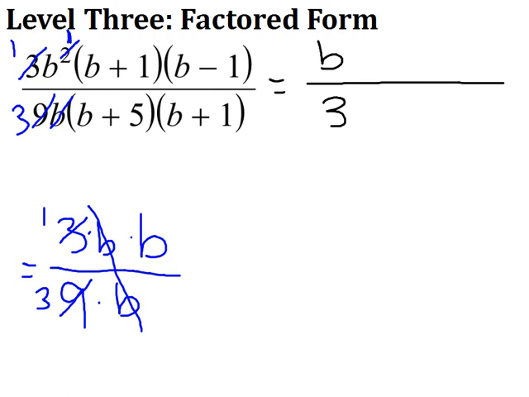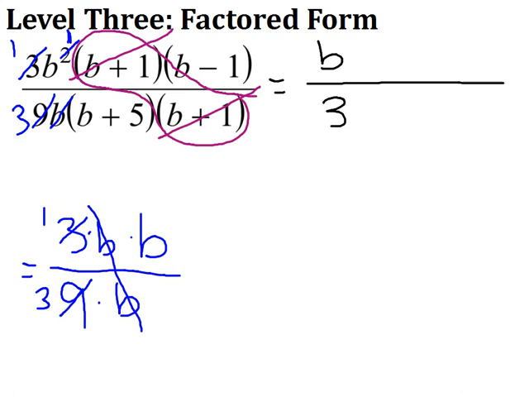Now remember we said you had to simplify something with 1 in the numerator and 1 in the denominator, and it had to be the same thing. So if you notice, this b plus 1 is the same. So I can cancel 1 b plus 1 in the numerator with 1 b plus 1 in the denominator.